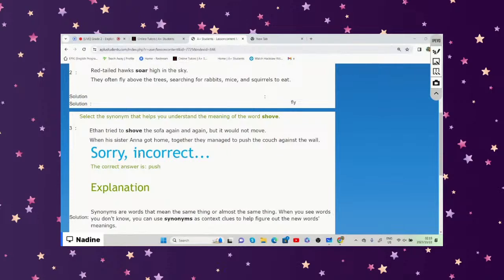Especially if you can identify a synonym within that sentence. So, if he tries to shove the sofa again and again, what is he trying to do? Try to find a word that is similar in meaning, the synonym of that word in the sentence.